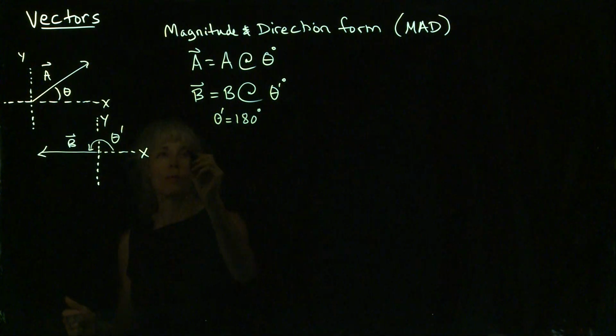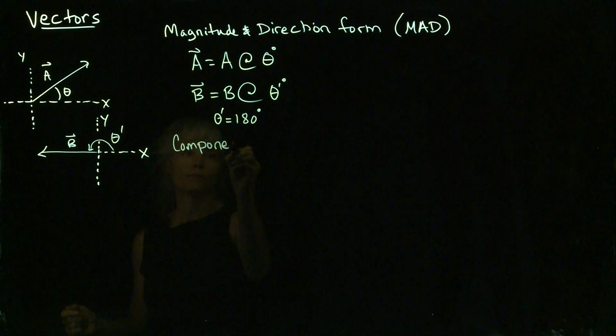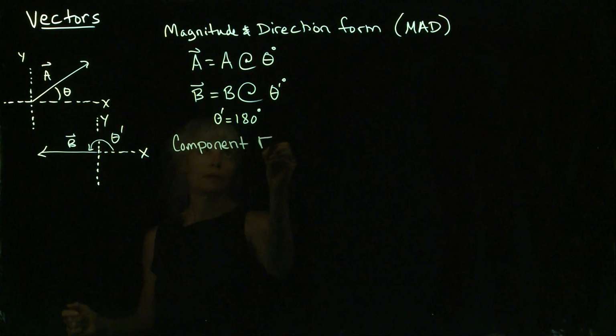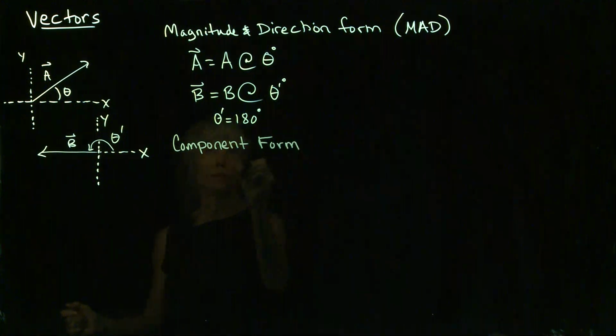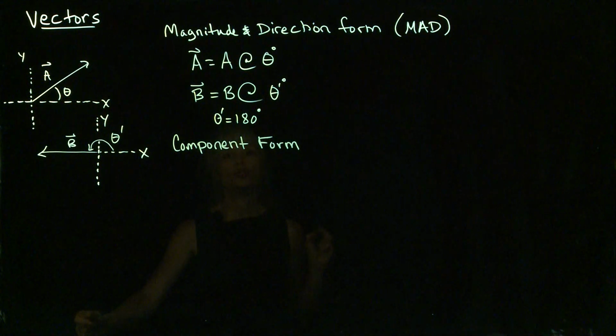Another form for expressing a vector is called the component form. So how do we express vector A in component form? Well, in component form, we use the directions of the coordinate system that we have defined to express the information about the vector.